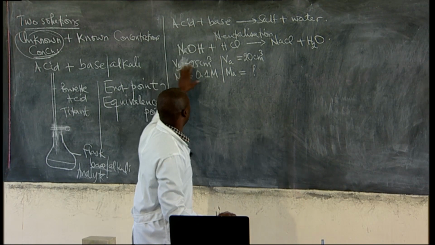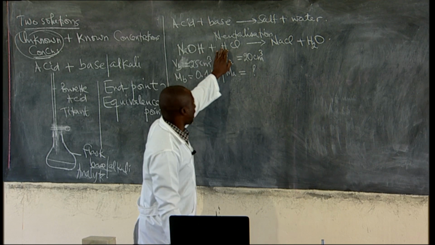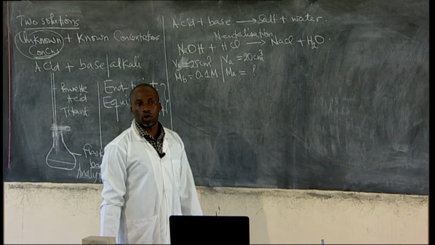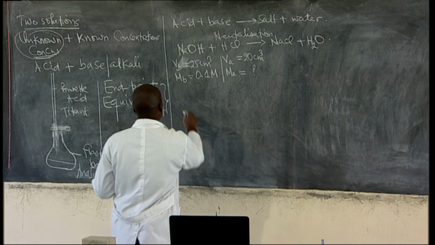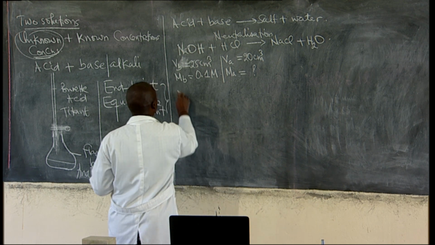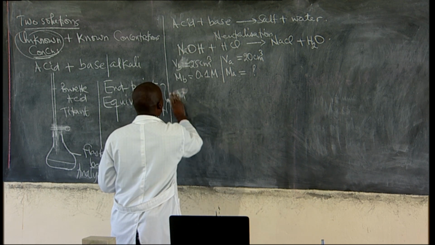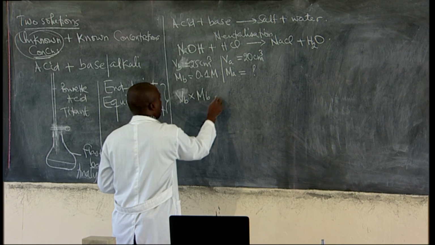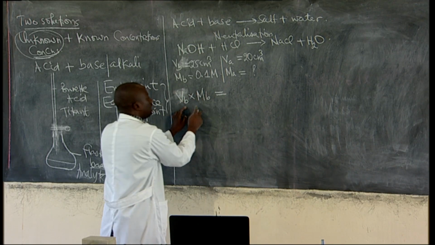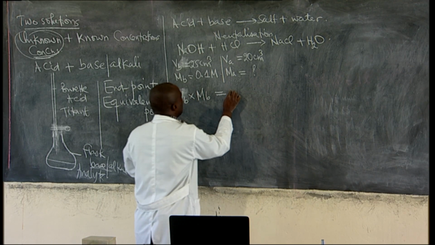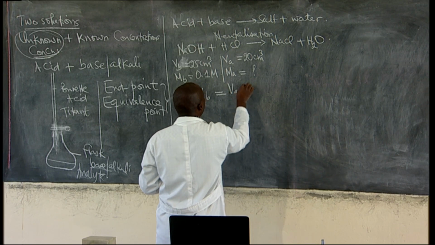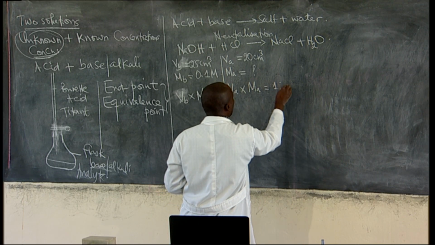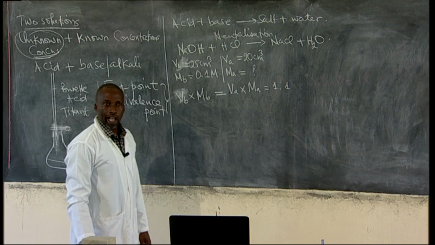So here we can calculate the number of moles. When you look at this reaction, the number of moles of the base is equal to the number of moles of the acid. We can say VB times MB, because this gives us the number of moles, is equal to VA times MA, which is equal to 1:1, the reaction ratio.